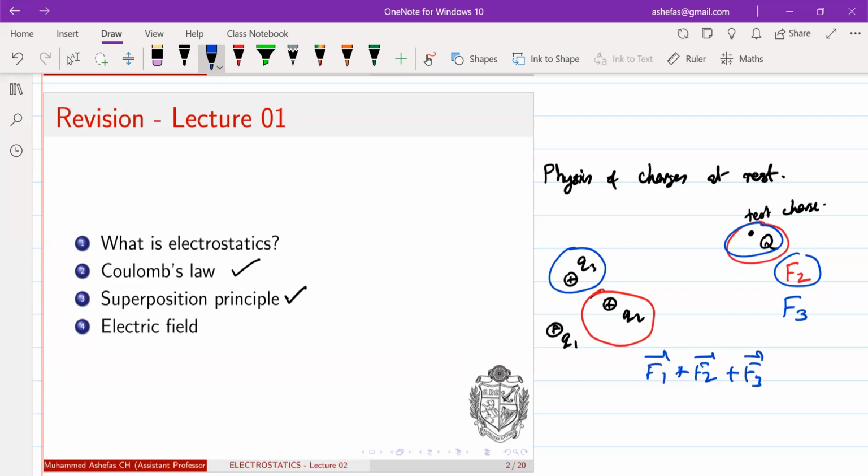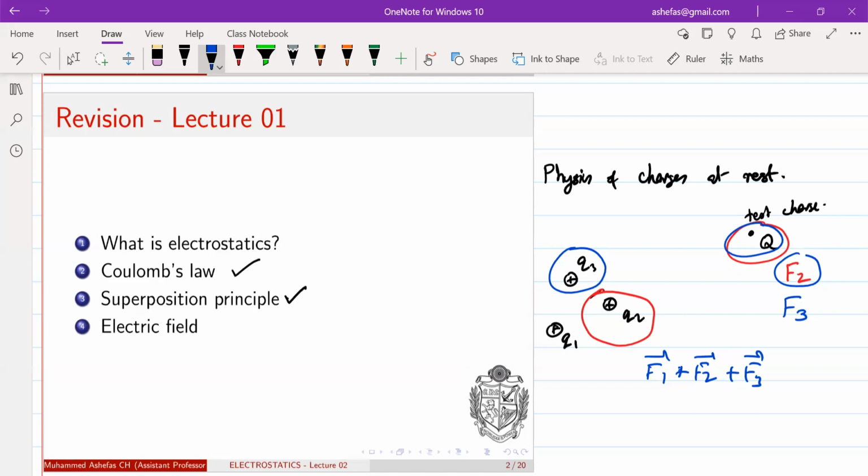And finally, we introduced what is meant by the electric field. The electric field is introduced to simplify this problem of distance. Recall, in the case of electrostatic force, the cause and effect are separated by some distance.